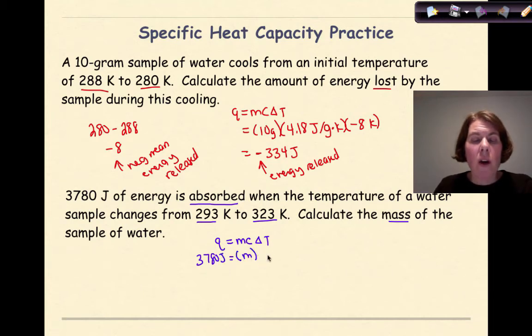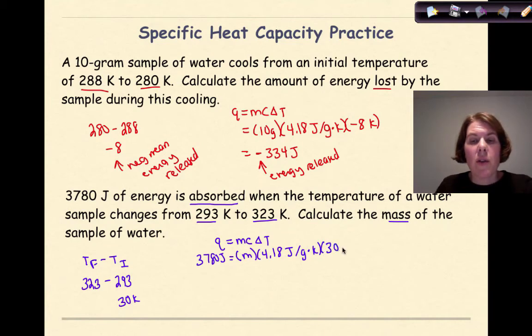I'm still dealing with water. So I'm going to have 4.18 joules per gram Kelvin. And then again, I look at my temperature difference. So we're going to do temperature final minus temperature initial. My final temperature here is 323, and I'm going to subtract 293 from that, and when I do that, I'm going to have a delta T of 30 Kelvin, and it's a positive number, which means the energy is absorbed.